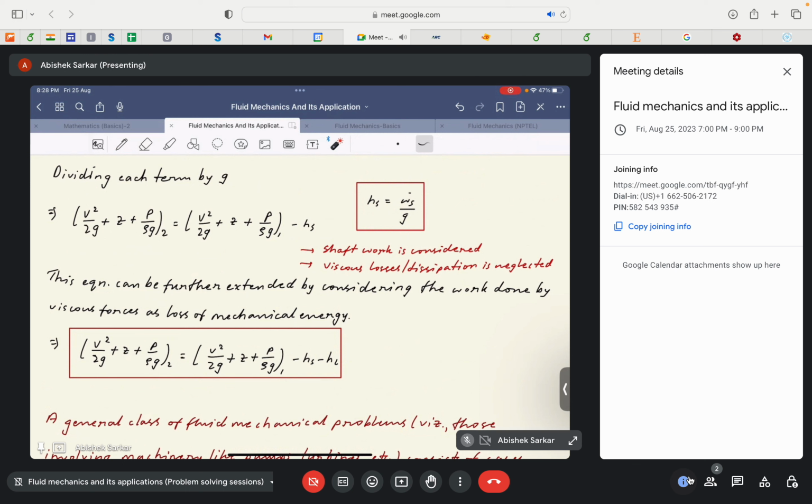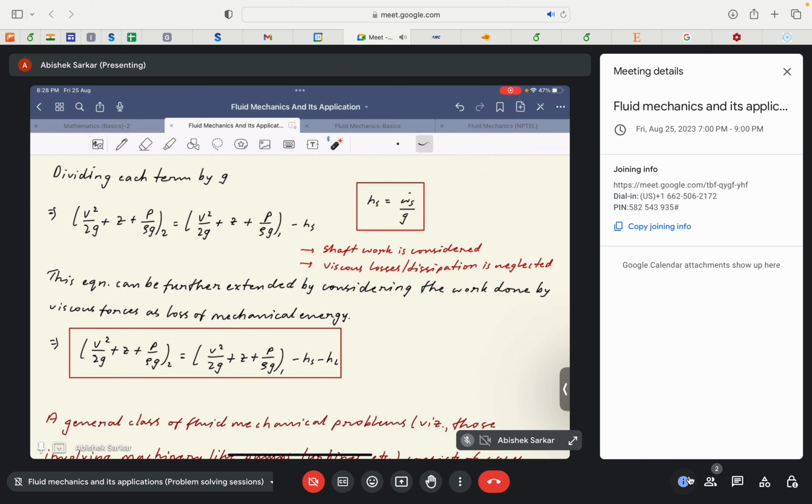So this is a very standard form, an extended form of the Bernoulli's equation, or a particular case of the energy equation where we have considered the viscous losses and the head losses because of external work, but in the case of a steady flow.